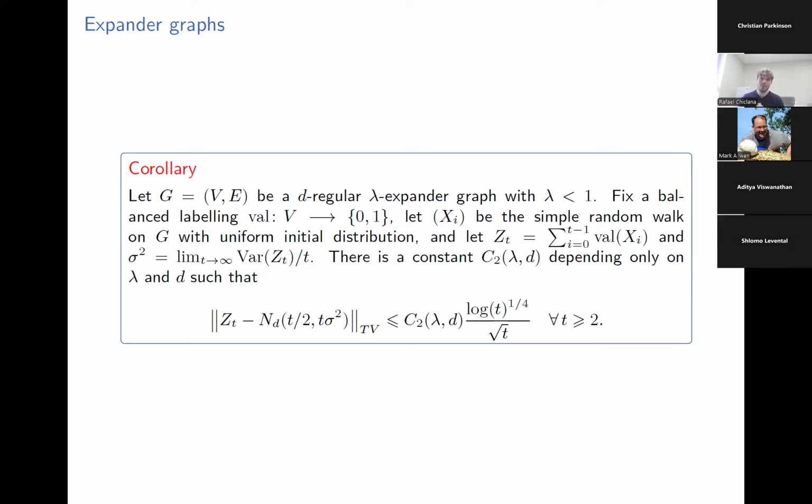The fact that my favorite color is yellow has very small correlation with the favorite color of some person I know. For those types of functions where there is a small correlation, then yes, this variance is going to be very close to 1 over 4 because the correlation is small, and then the method works.